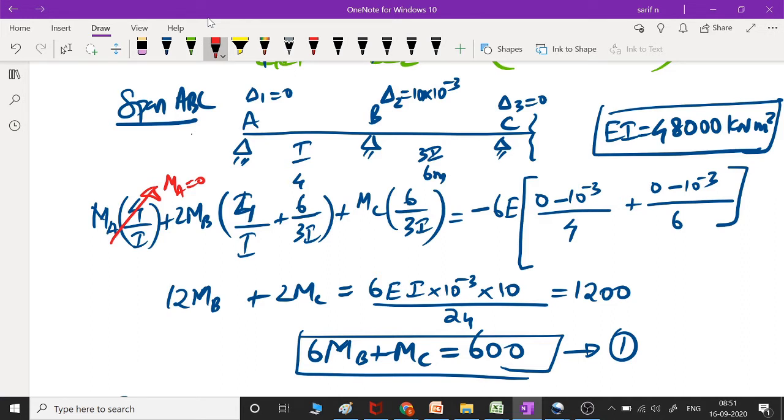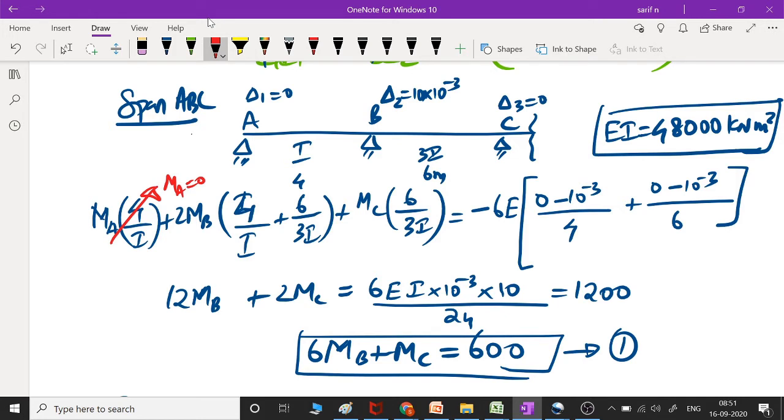And similarly delta 3 at C is 0 as there is no support settlement. Now if we apply the equation, MA into 4 by I plus 2MB into (4 by I plus 6 by 3I) plus MC into 6 by 3I is equal to minus 6E into (delta 1 minus delta 2 by L plus delta 3 minus delta 2 by 6). Delta 1 is 0, delta 2 is 10 raised to minus 3, and delta 3 is also 0.